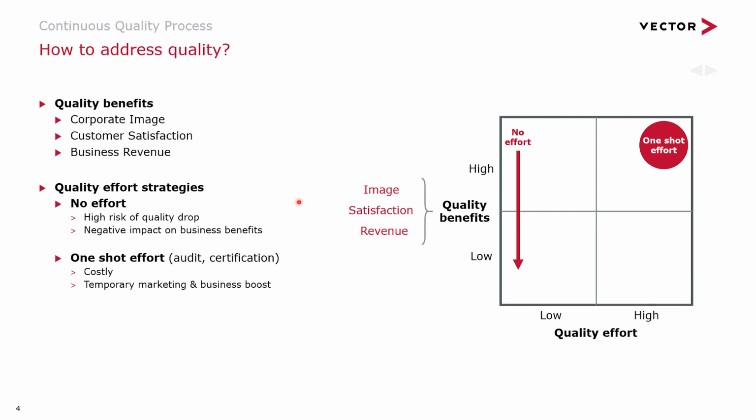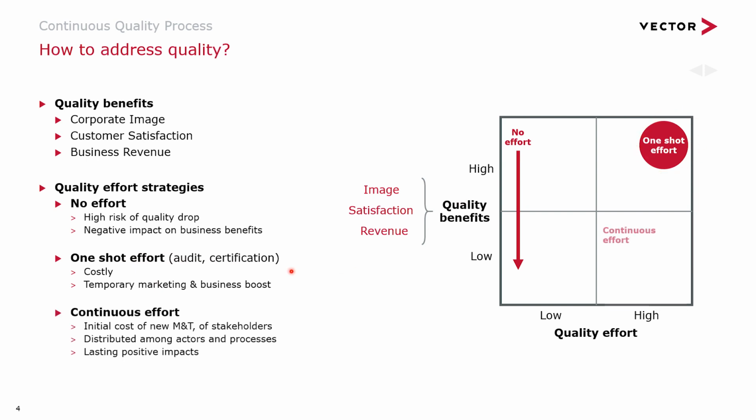Then there is a one-shot effort strategy. For example, there is an audit coming up. All the teams are mobilized to work on quality. You will reach your objective, but it will cost you. And then there is a continuous effort, and this is maybe costly at the beginning, because you have to train your teams and they have to understand what to do, how to do quality.